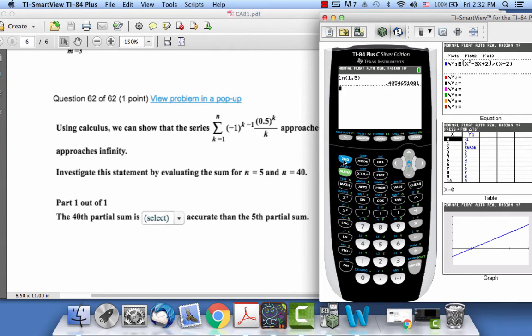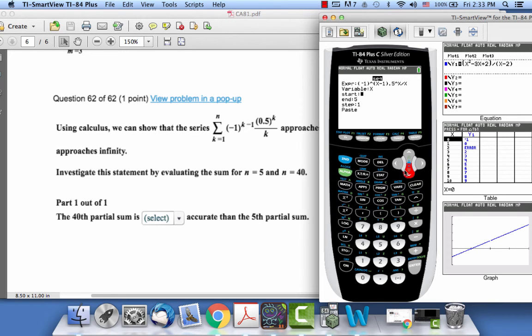So let's go into list, math, hit sum, and then back to list, and this time ops, and hit sequence, and then -1 to the x minus 1 times 0.5 to the x divided by x, and then my variable I've chosen is x.